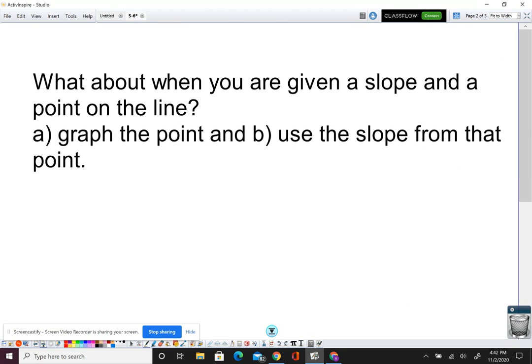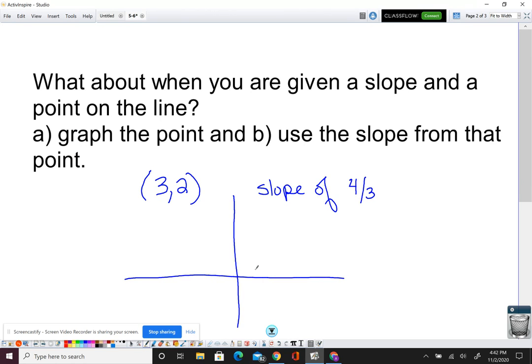What about when you're given a slope and a point on the line? You do basically the same thing, except instead of starting on the y-axis with the y-intercept, you use the point they give you and the slope from that point. So if I give you a point (3, 2) and a slope of 4/3, on my axes I plot this point (3, 2): over 3 in the x and up 2 in the y.